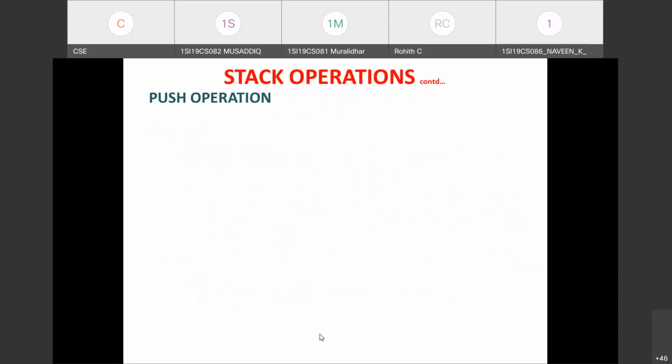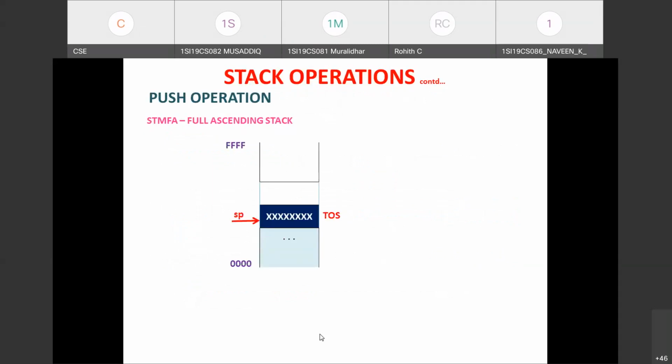Try to analyze this. First, we'll see the push operation, and the instruction we are considering is STMFA. Okay, full ascending stack. Just see here. This is the starting address, I have considered 0000. Ending address I have taken as FFFF. Since it is a full stack, SP is pointing to the last element inserted.